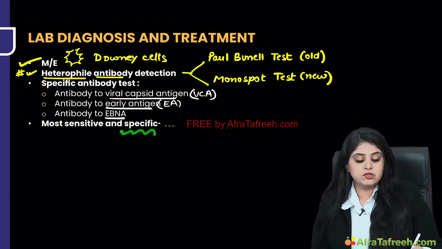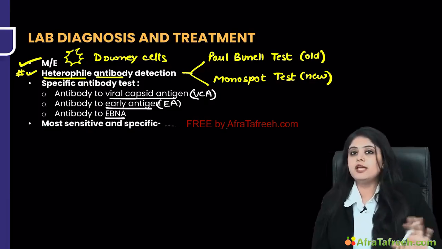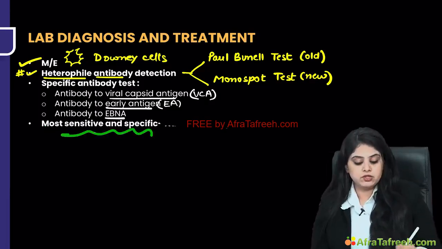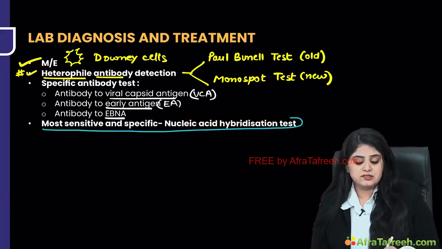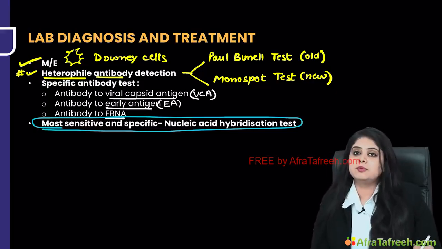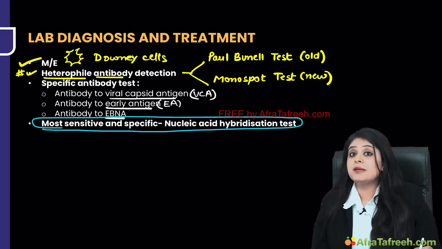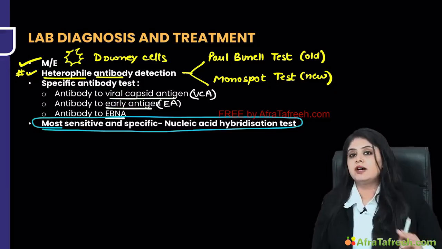But if they ask you which is the most sensitive and specific method overall, not the antibody detection, then nucleic acid hybridization testing becomes the most specific and sensitive method. However, if they ask you what are the specific antibody testings, then you have early antigen, EBNA, and viral capsid antigen.